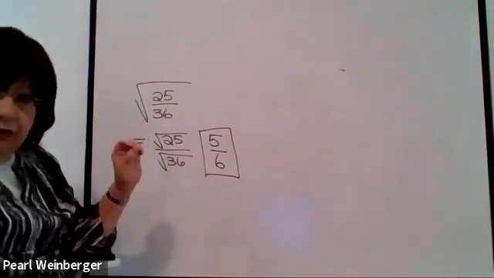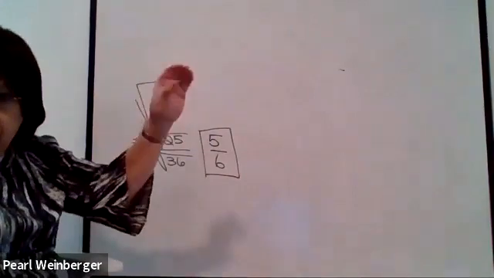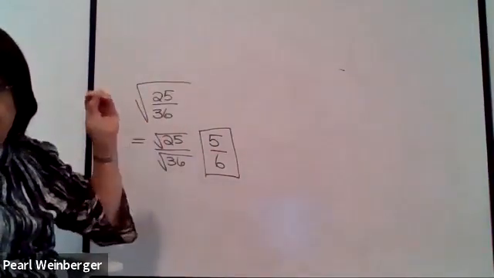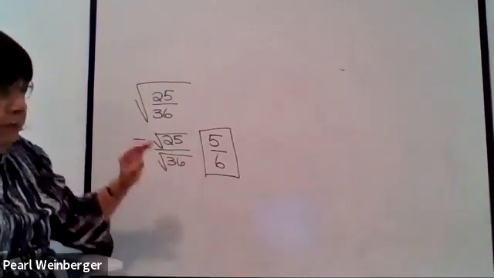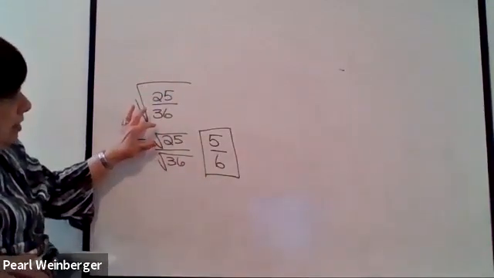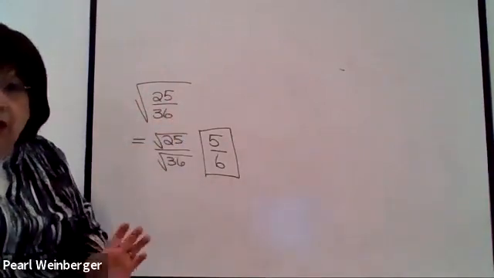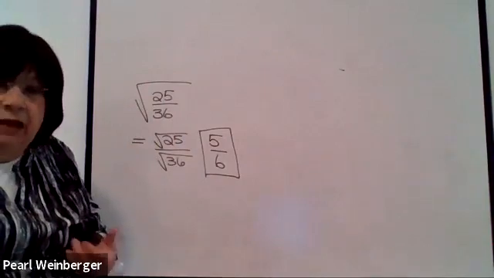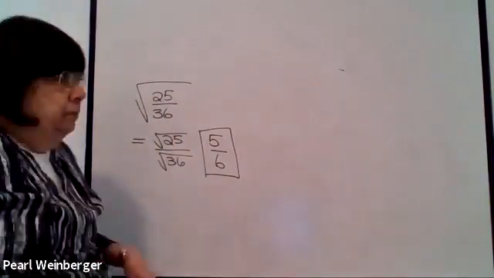Look at your fraction. If it's a whole fraction in a radical, just make it a numerator separately inside a radical and a denominator, so that whenever you're dealing with it, you're only dealing with square roots of numbers, not of fractions. Okay, let's try another one.